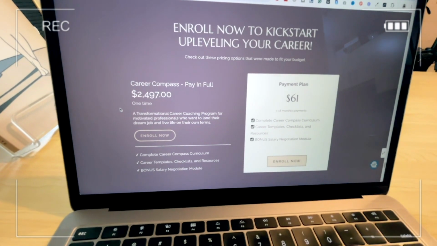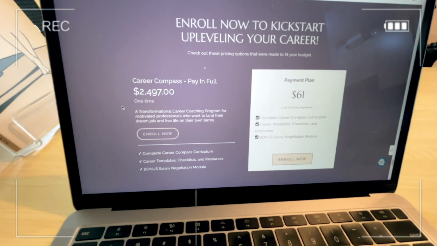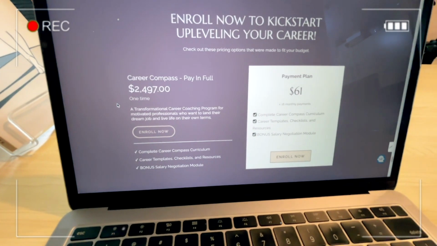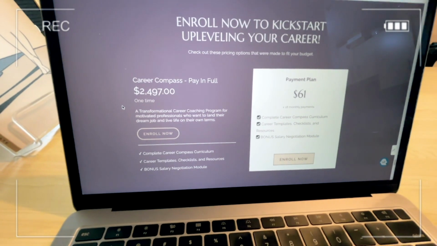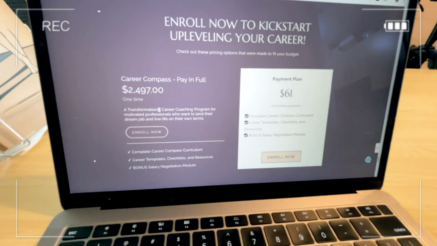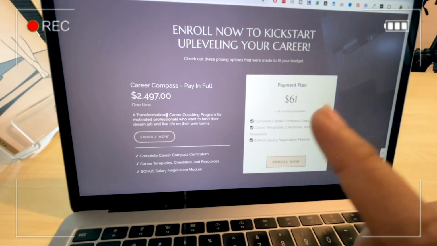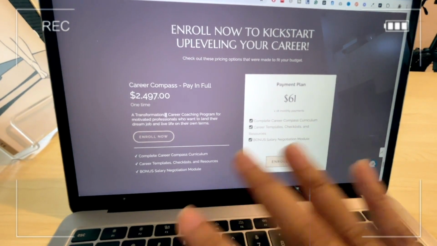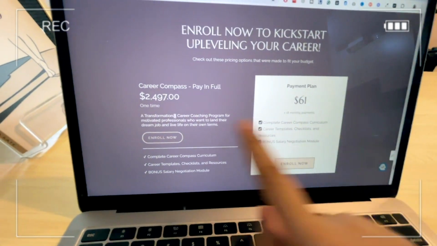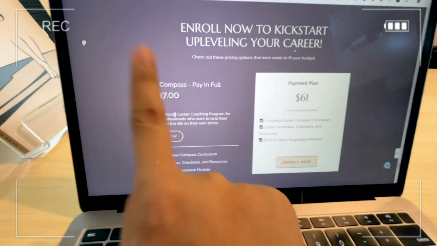And two, she knew that the people who took this course are landing their dream jobs, around 6-figure jobs, and they are also able to negotiate their salaries even more. So again, the ROI and the transformation that they're going to get from this course of hers is definitely wildly insane. And so that is why she can price at this point and people are still willing to invest in this.